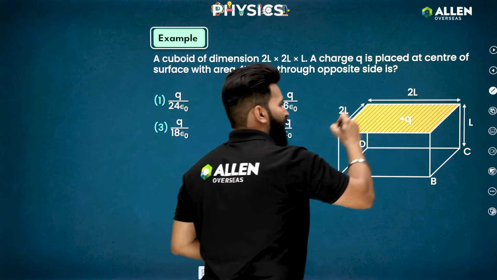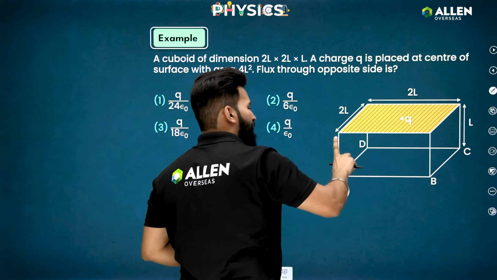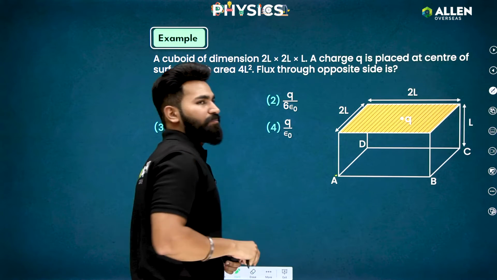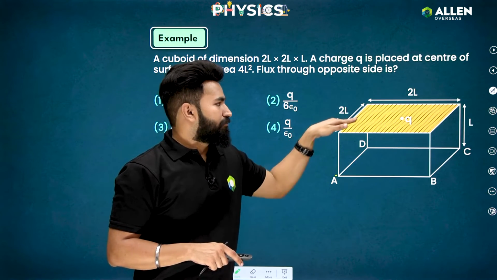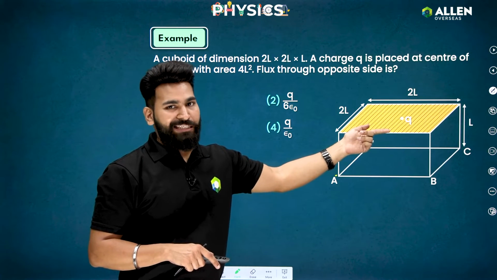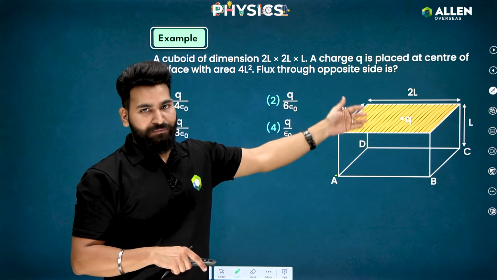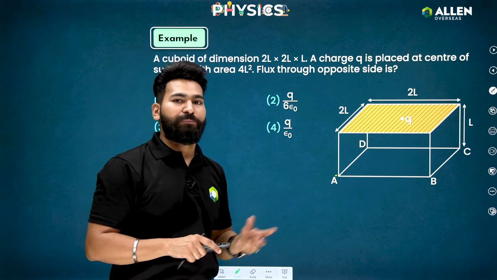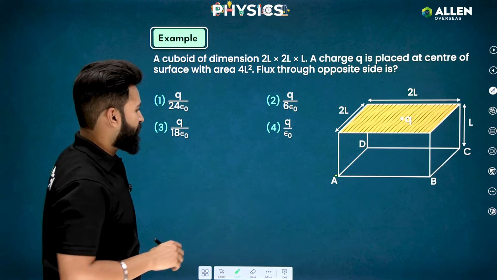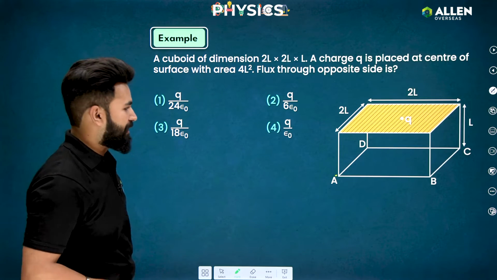So the sides will still be 2L, but the height will become L plus L again. Height was earlier L, width and length were 2L each. Now if I keep another cuboid with the same dimension, the height will also become 2L, so it will finally become a cube.